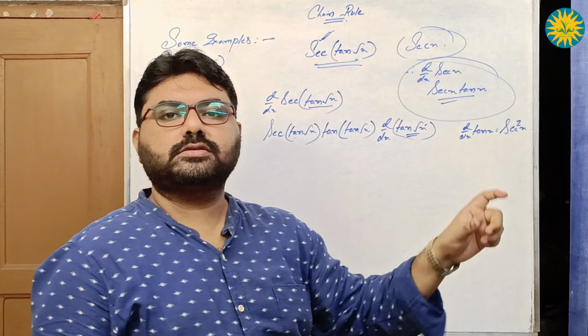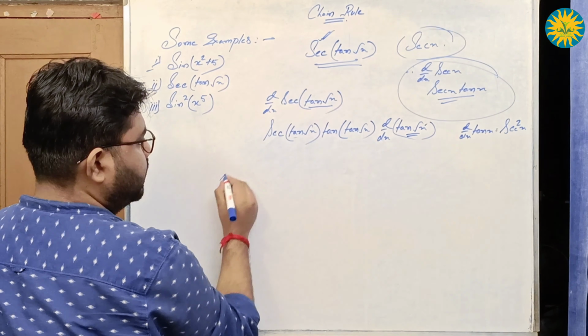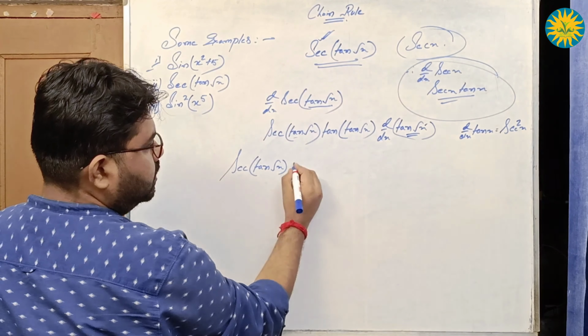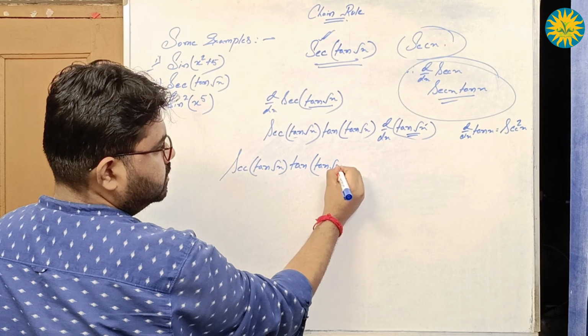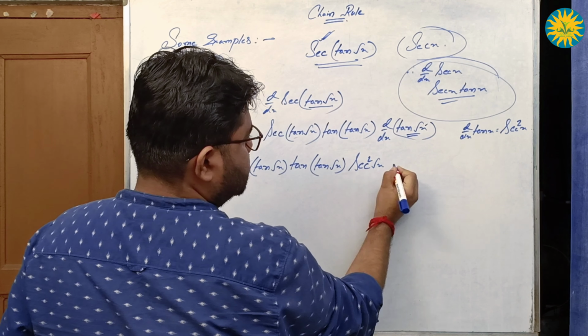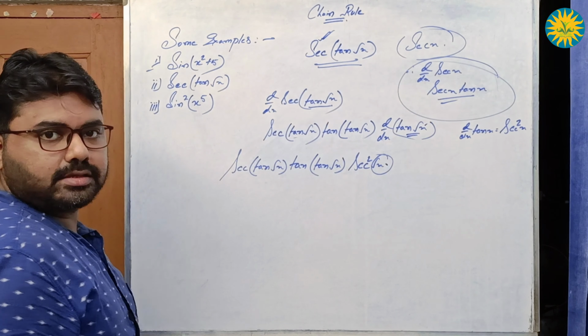Therefore the third function comes in here. Now just see, separately we can write sec of tan root x into tan of tan root x into sec square root x. Now, this is root x, not x.